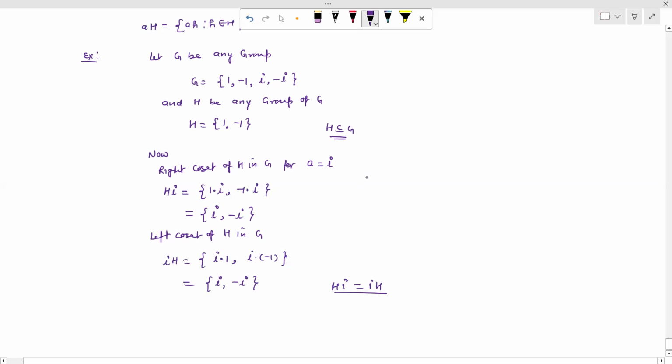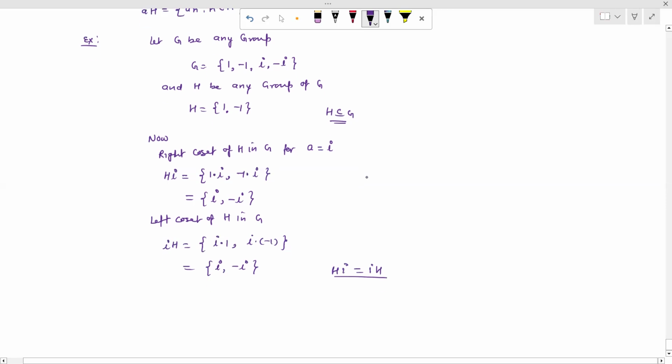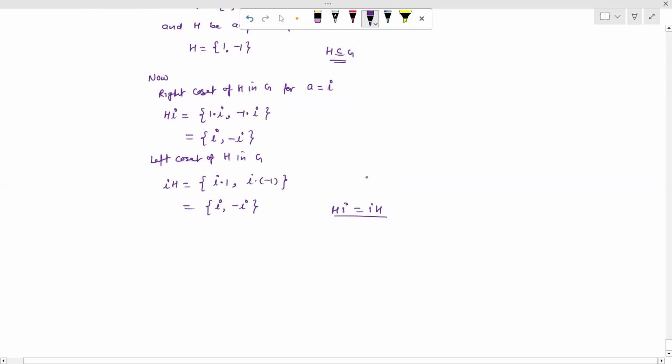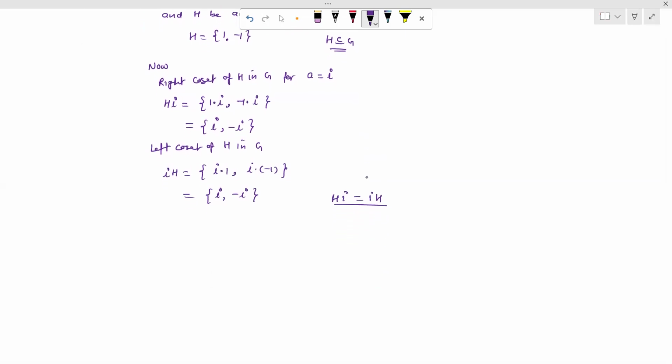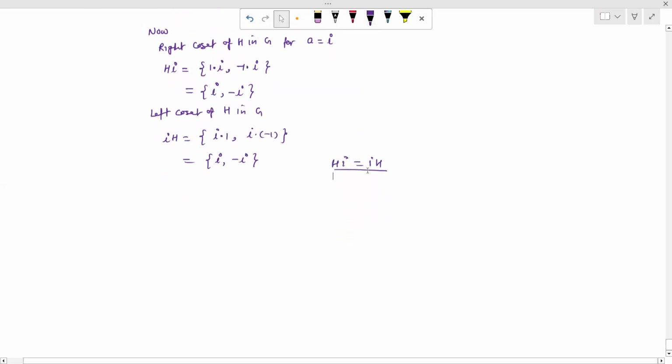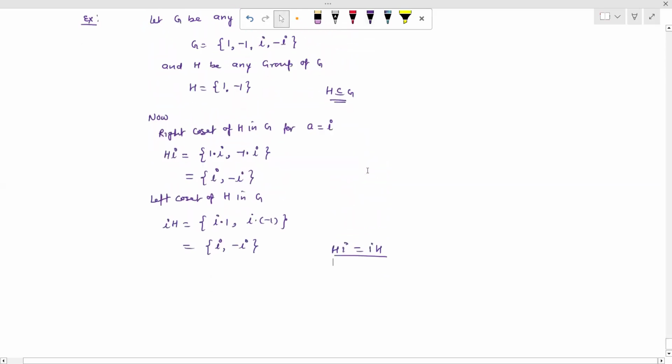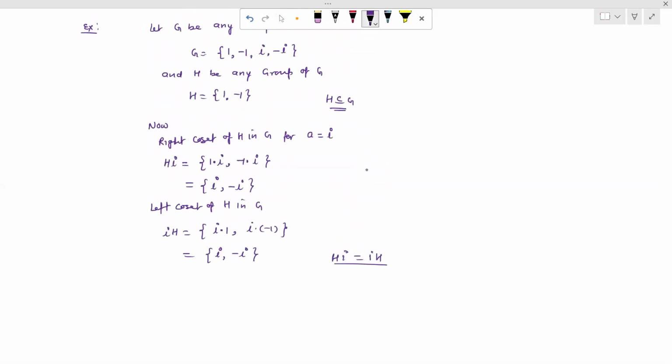Now we have one important theorem. That theorem says that the left coset is equal to the right coset equal to H. When we take the element of the left coset and right coset, this is also equal to H. So now we will prove this theorem. You can understand this by extending this example.